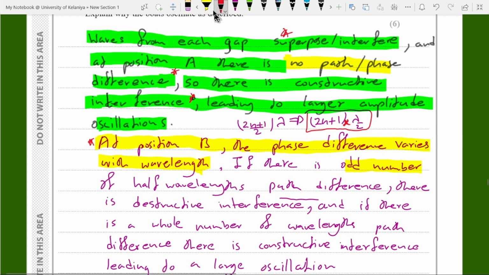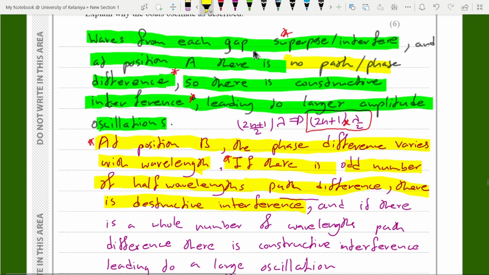And here, if there is an odd number of half wavelengths path difference, there is destructive interference, but you have to write over here leading to small oscillations. I forgot to write that down, that's why I drew a line over here. They recognize it as another point, 1 mark.